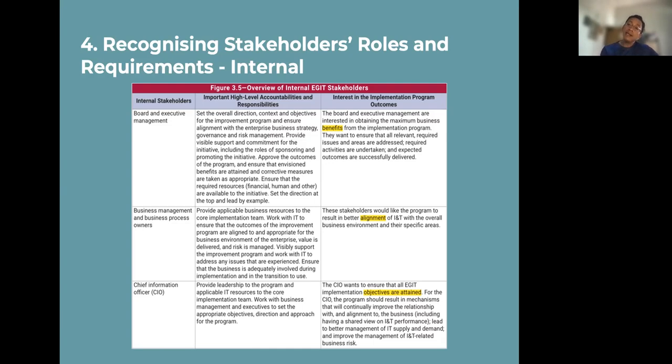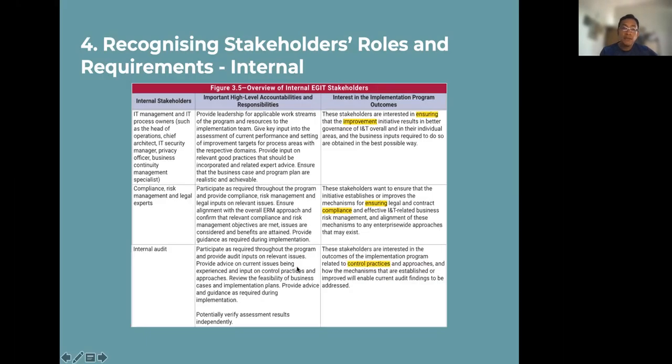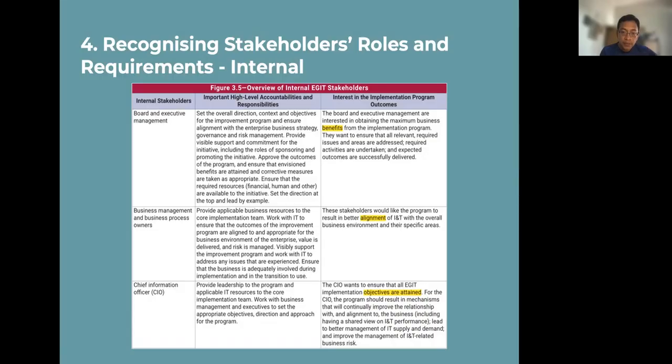Because the one that will reveal whether these IT initiatives, governance or management initiatives, will be beneficial is actually the business. If this GEIT is successful, it means the initiative really supports the business to achieve their objectives, to perform their business processes, the risk will be managed as well, visible support for the improvement program, and then address if they have issues, something like that.